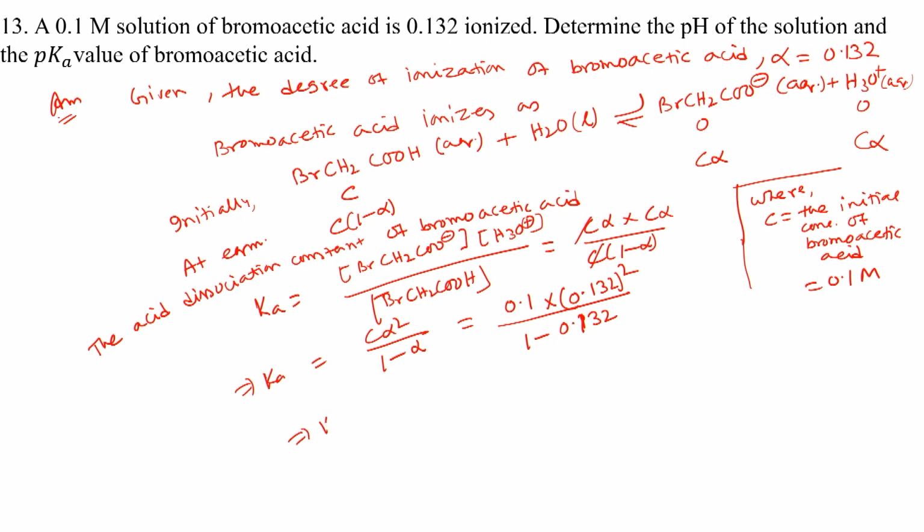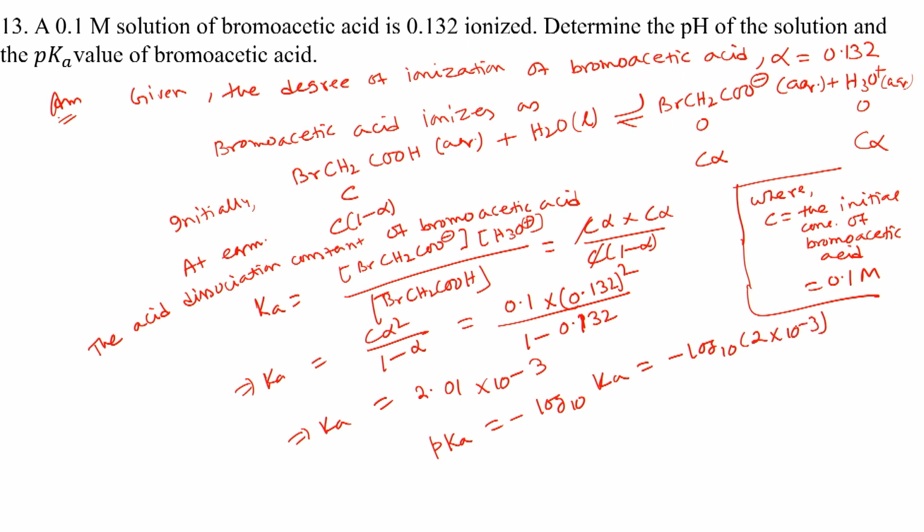So if we calculate this, we get the value of Ka becomes 2.01 times 10 to the minus 3. Now pKa is minus log base 10 of Ka. So we substitute the value of Ka, minus log base 10 of 2 times 10 to the minus 3. So we get the value of pKa is 2.7.